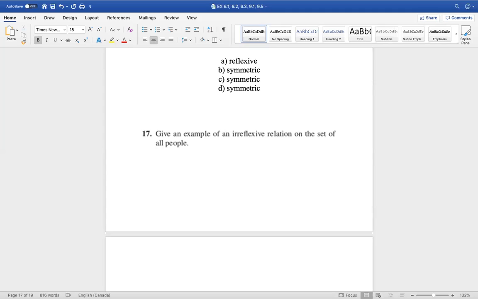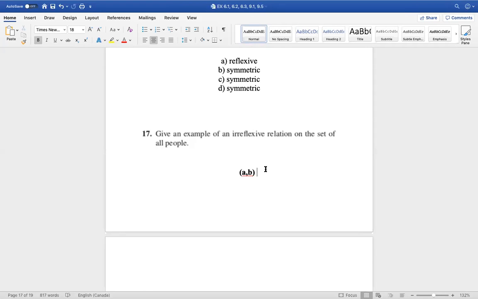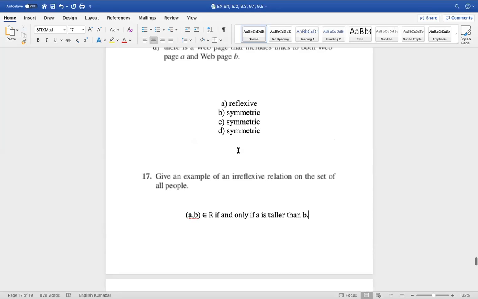So, for example, we have an AB pair, and it belongs to R if and only if A is taller than B. So basically you just have to know the definitions for these terms.